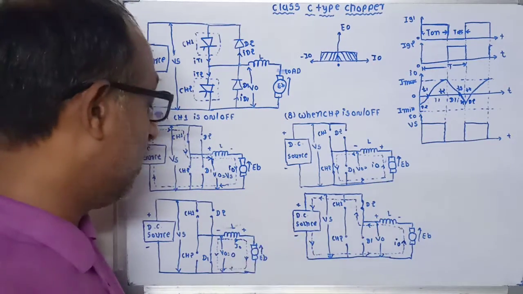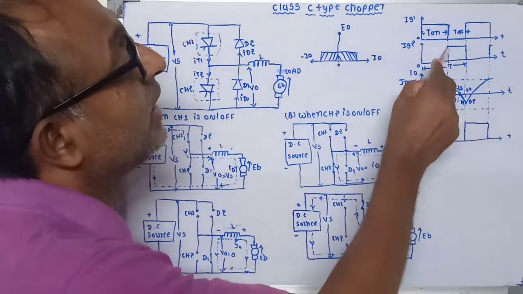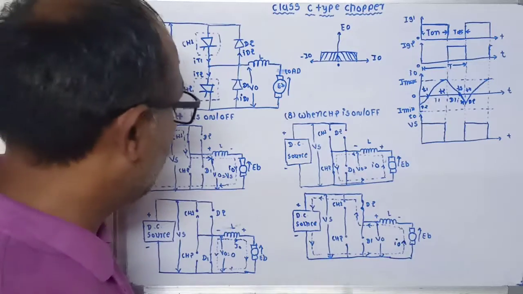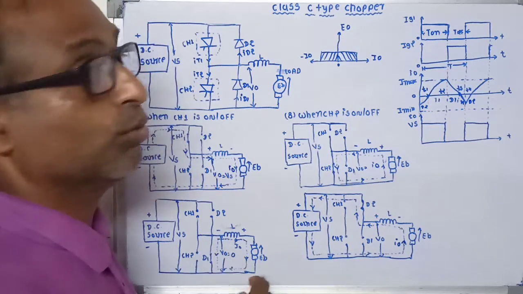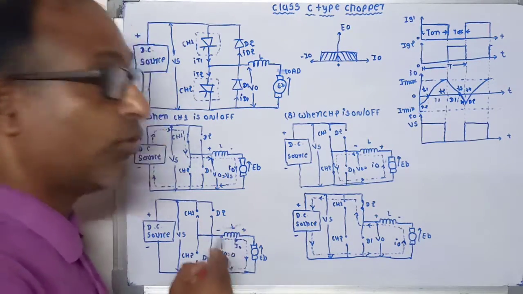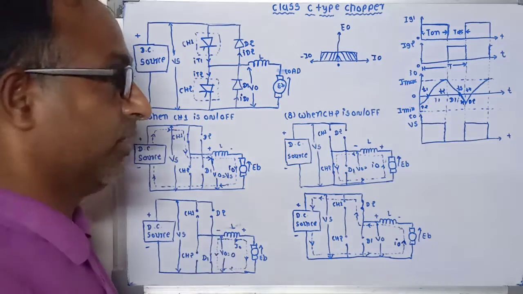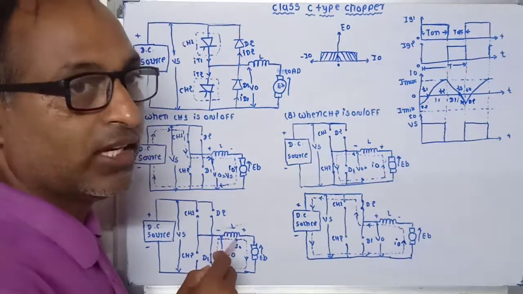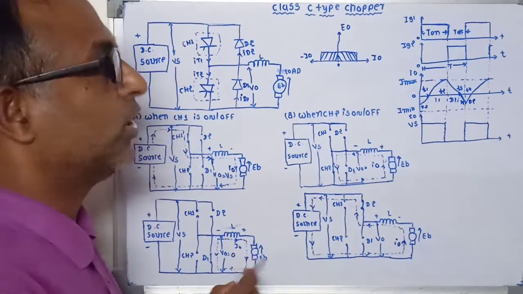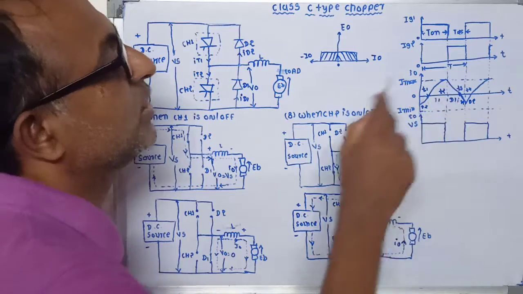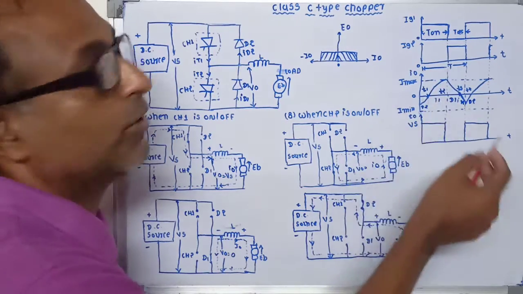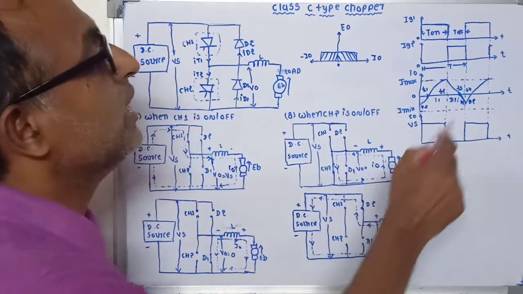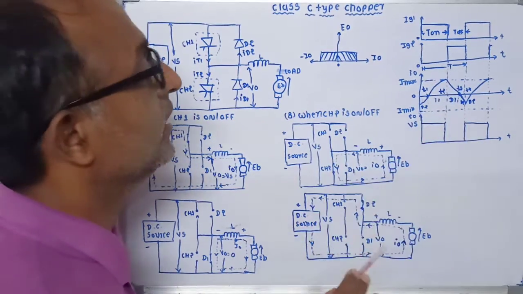It is most important: we give the gate pulse earlier, but it will not turn on thyristor T2 because of the reverse voltage across the inductor. When the inductor voltage equals the back EMF voltage, the current reaches 0, and since the pulse is already given to the gate of chopper CH2, it turns on.